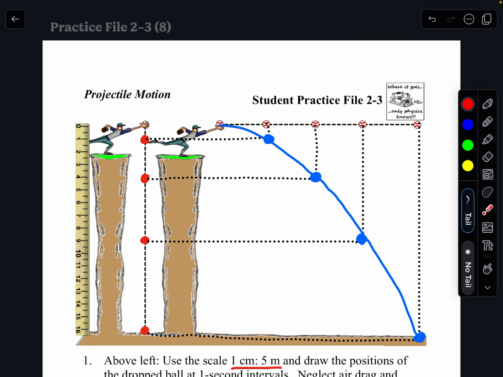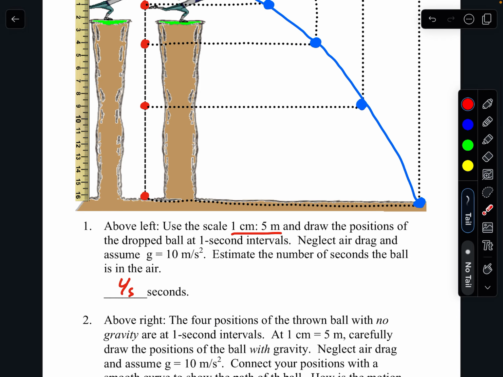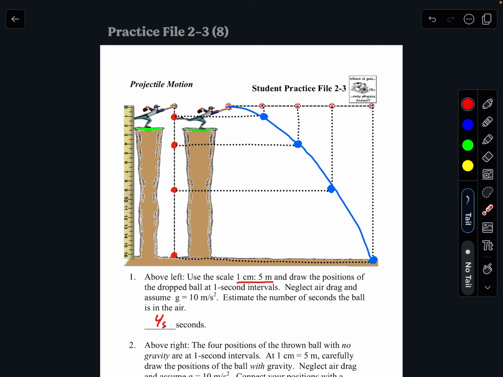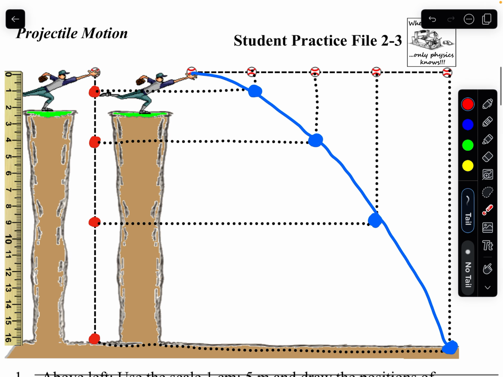So what we end up getting is this very steep parabola. If this ball was allowed to fall even further, we would notice it would be even steeper. Okay, so this is what all projectiles look like, because projectiles travel horizontally through the air at a constant velocity, but accelerate vertically due to gravity. So all of our projectiles will appear as a parabola.